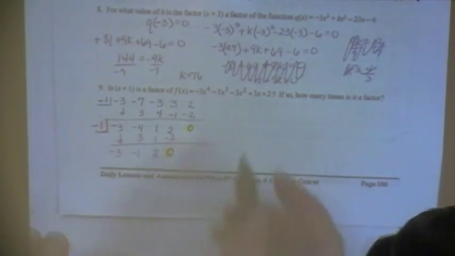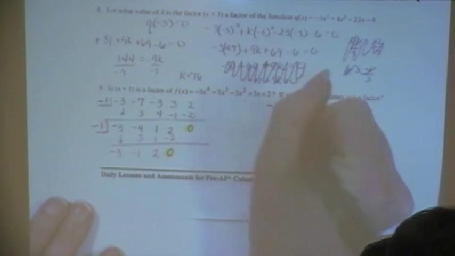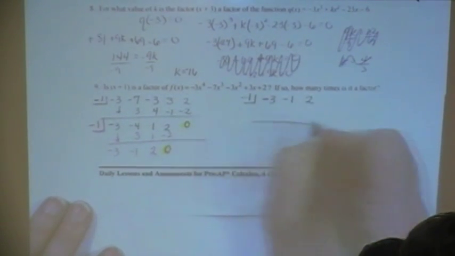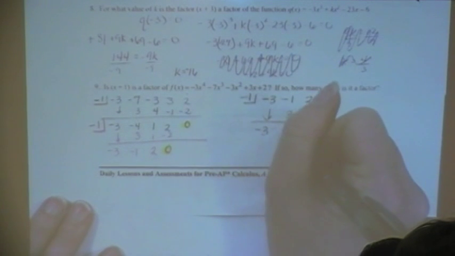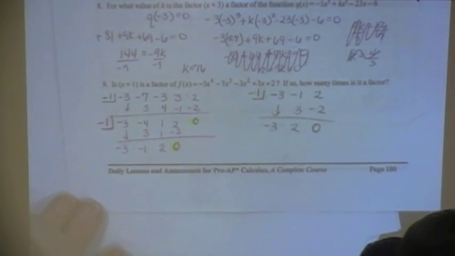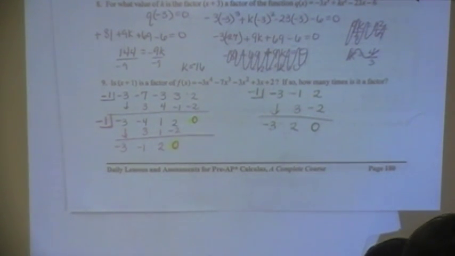Just in the interest of space, I'm going to take these and rewrite them up here. So negative 3, negative 1, 2. You don't need the 0 in there. One more time, we'll see if it works again. It does, it works again. So 3 times it's a factor.